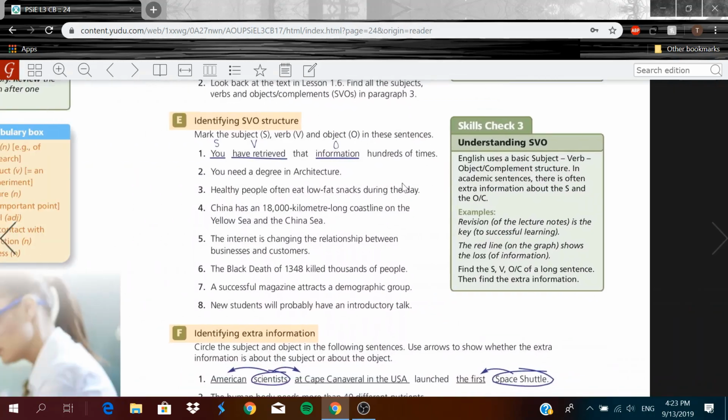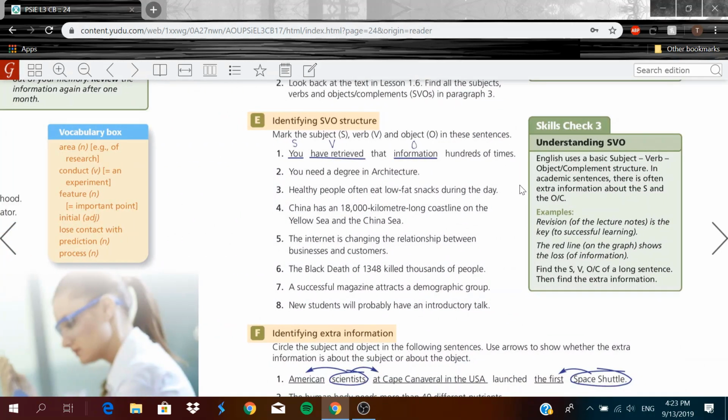Here we have understanding SVO, and SVO stands for subject, verb, object/complement structure, right? And we know that English uses a basic SVO in academic sentences, okay? And there's always extra information about the subject and the object or complement.